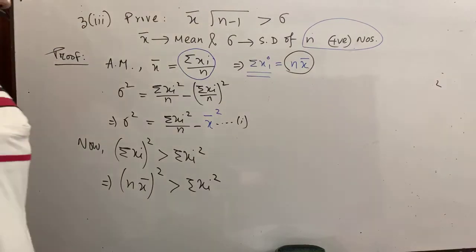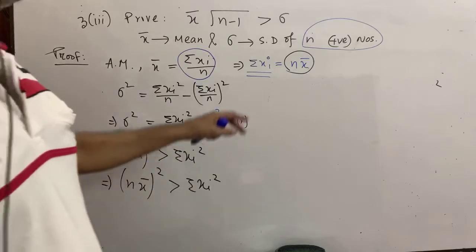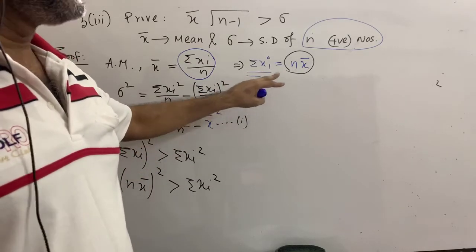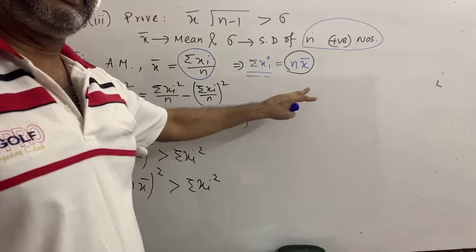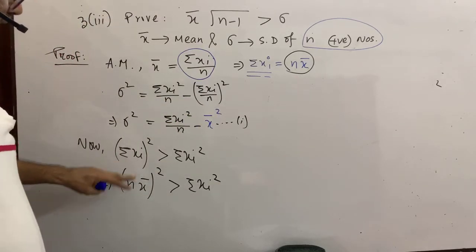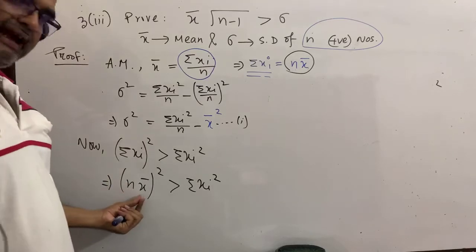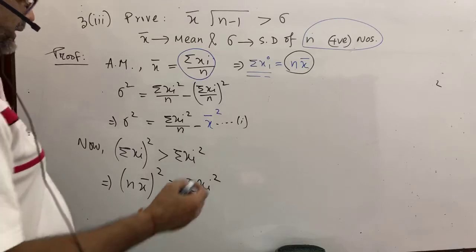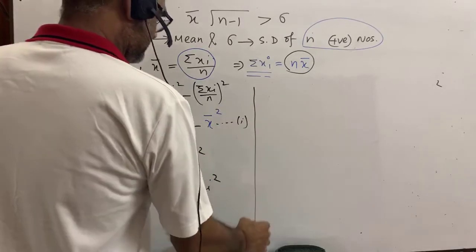I have written the value of summation xi as n x bar. Have you got it? Okay, then we can write here like this.